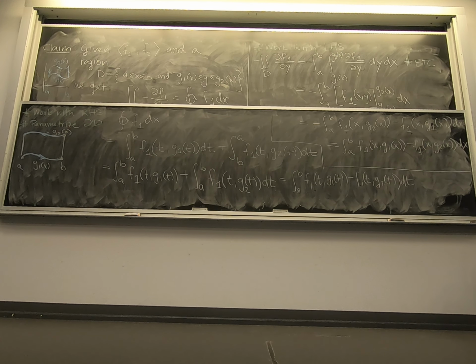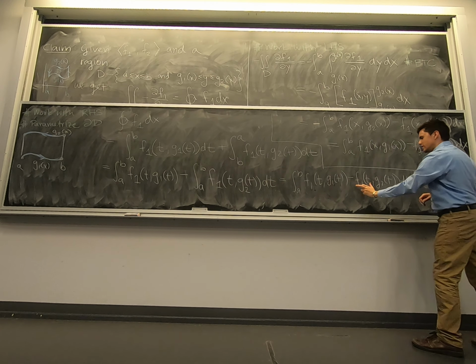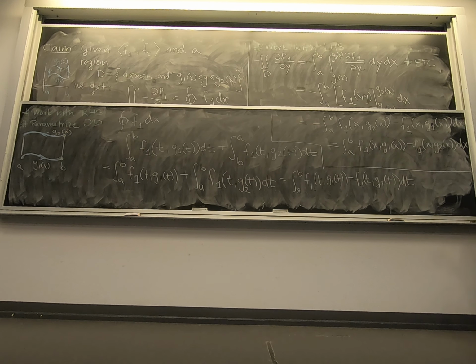So these two integrals must measure the same thing. Here we've got F1, G1, F1, G2, F1, G1, F1, G2. The only difference is that our variable names are different. Here we're parameterizing with t, here we're parameterizing with x.